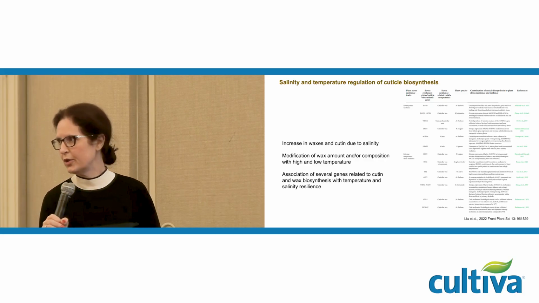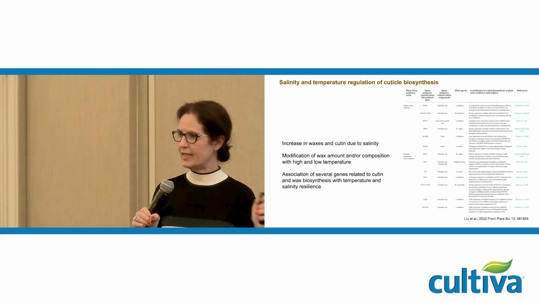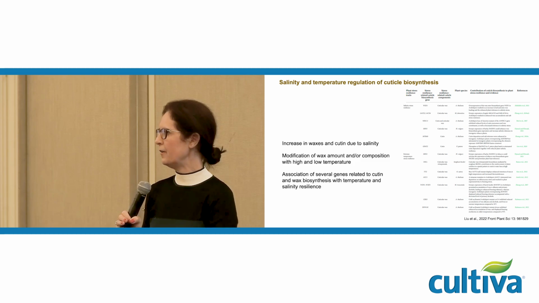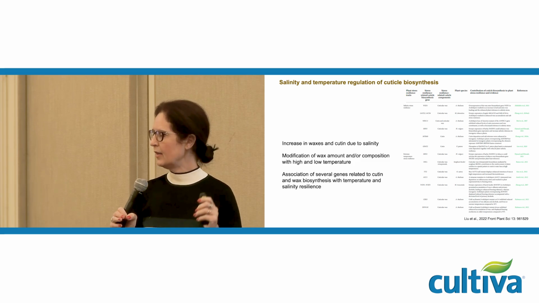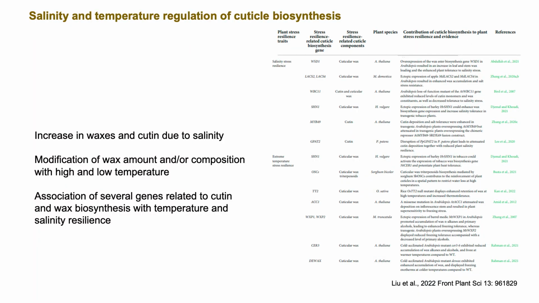And what about temperature? And I'm not talking high or low temperature, it doesn't matter. Whether it is freezing temperature or 50 degrees Celsius, the plant acts in a similar way, increasing the amount of waxes, because waxes are protecting the structure of the cuticle. So basically, extreme temperature, both ways, causes the same thing, an increase in waxes.